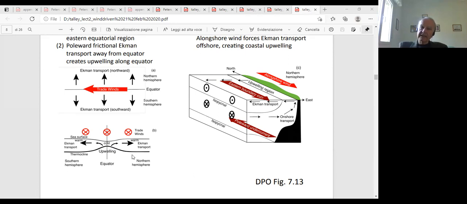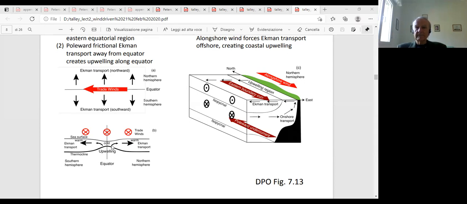Yes, partly this divergence is compensated by the flow toward the equator below the Ekman layer, but not completely. Some water is lost anyhow. So this can be seen in terms of the valley in the sea surface.